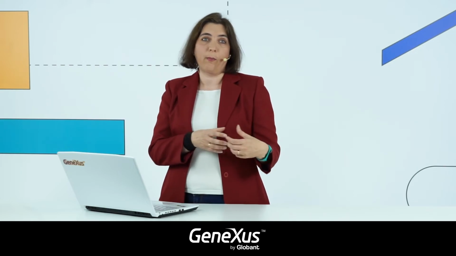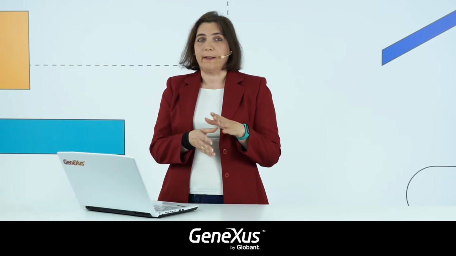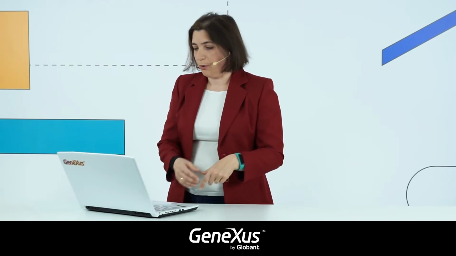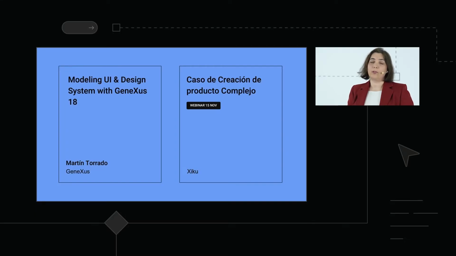So you can generate a system with full GeneXus Unanimo, but you can also customize it and allow for certain apps that have a particular style to be able to overwrite the style of the other components. And that is based on this layers component technology that is being implemented and that is only available in the 18th version.